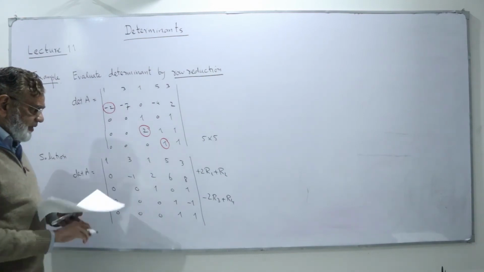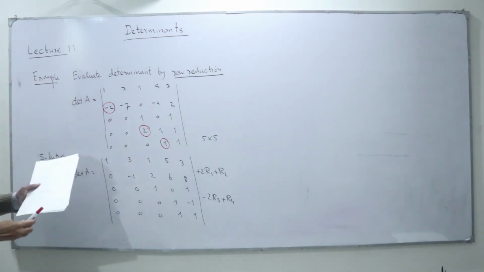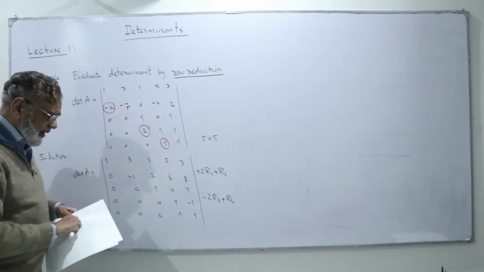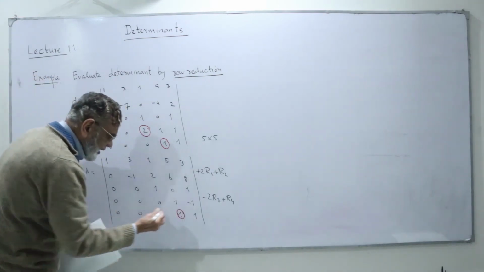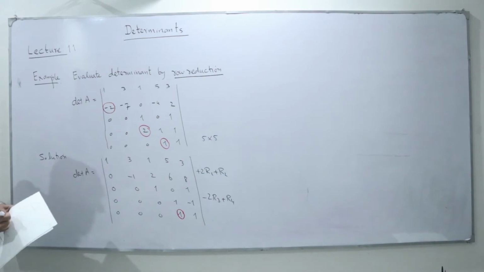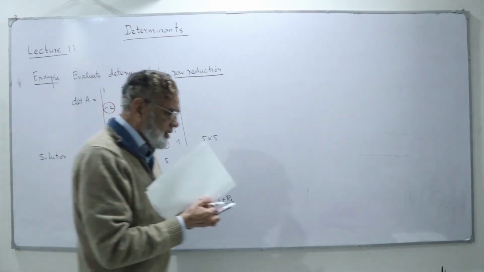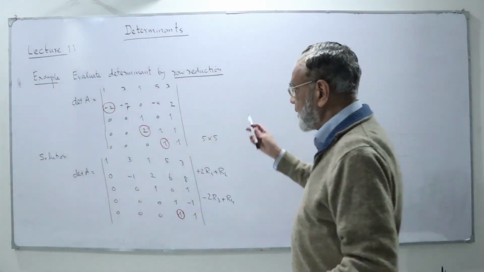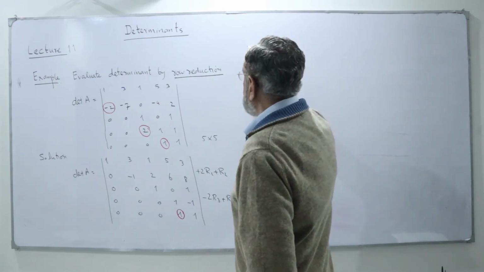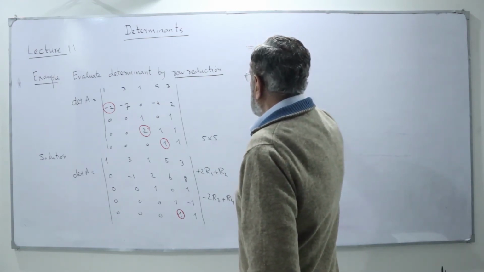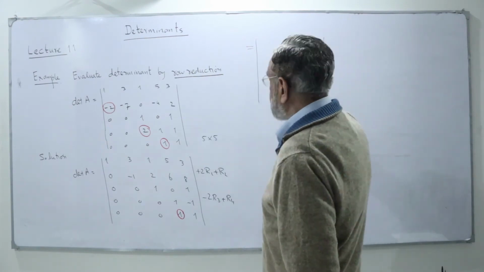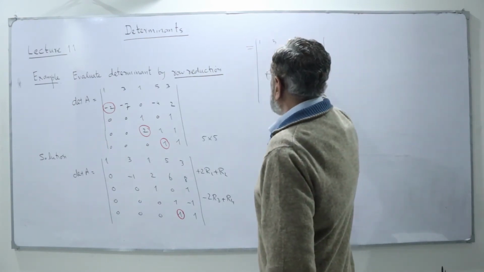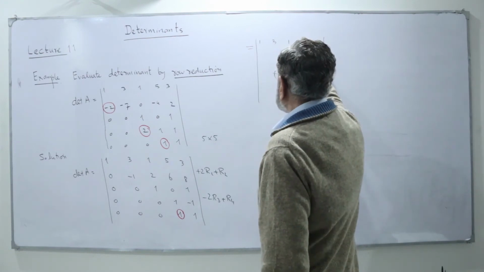The next off-diagonal element I want to make 0 is here, this is 1. I want to make this one 0. And I can just write again the whole determinant of A equal to the first row: 1, 3, 1, 5, 3.